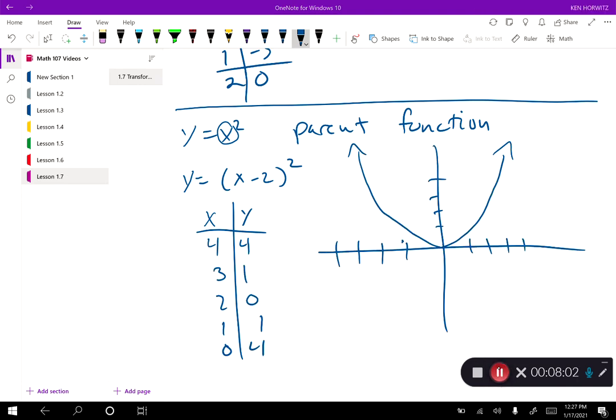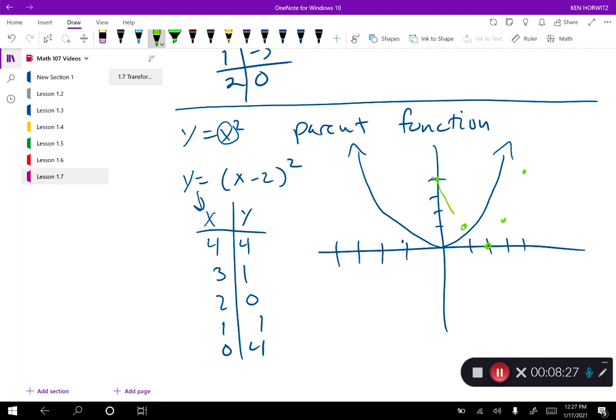All right, not only did I make a table of values for this particular function, but I also drew my parent graph. Once again, I'm going to draw the new graph in a different color. So for 4, 3, 1, 2, 0, 1, 1, and 0, 4.